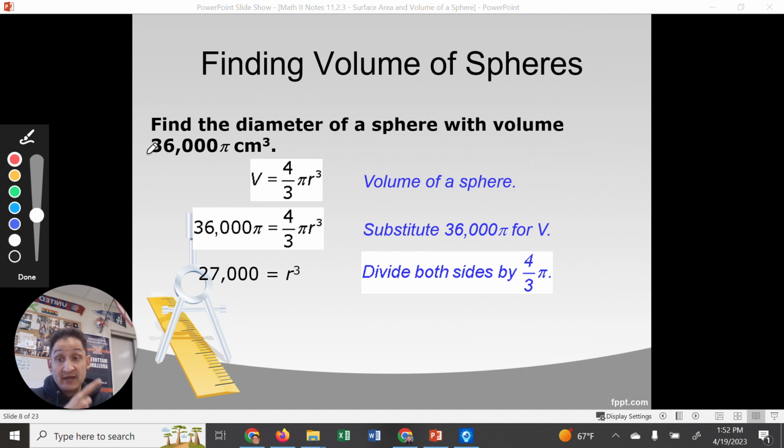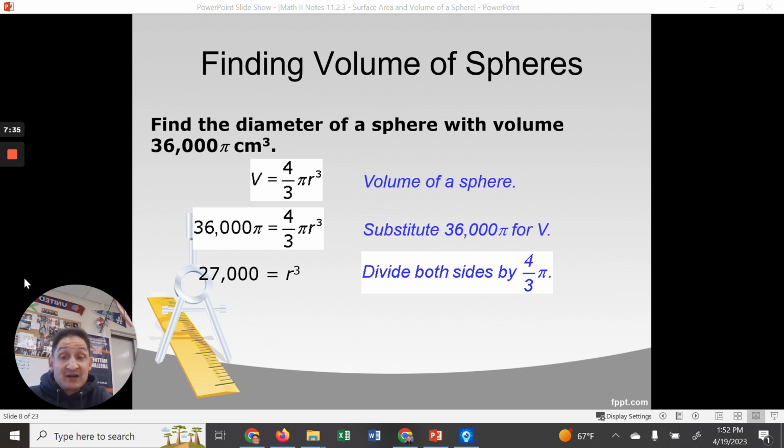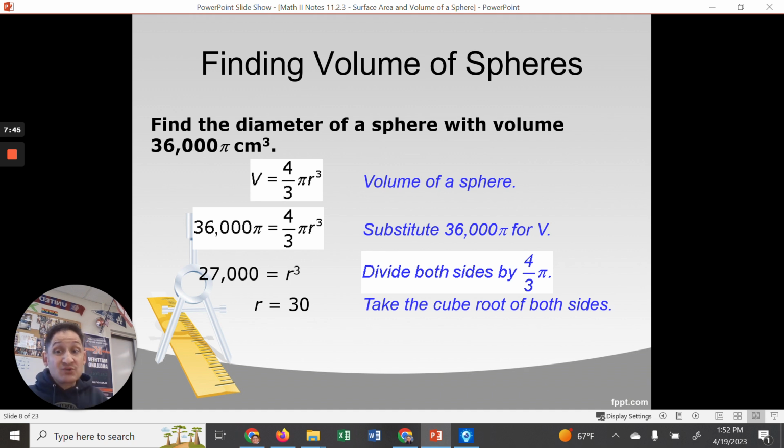Otherwise you're not going to know that the third root of 27,000 is 30. So you got to do that. But again, in the grand scheme of things, either plug in the radius or solve for the radius. Work backwards. That's really all I can ask.